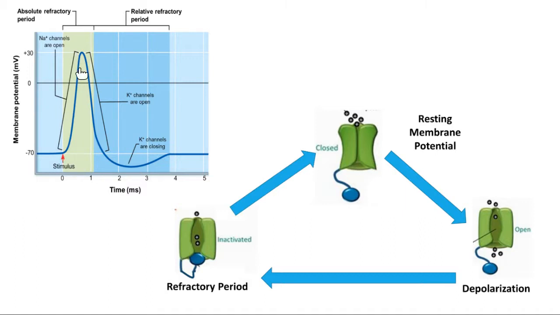This part shown here in green, this is my absolute refractory period. The absolute refractory period actually includes two parts on this graph. The first part is when the voltage-gated sodium channels are already open. I can't open them again if they're already open. So if you try to talk to me in a way that's supposed to open my channels, sorry, I can't hear you.